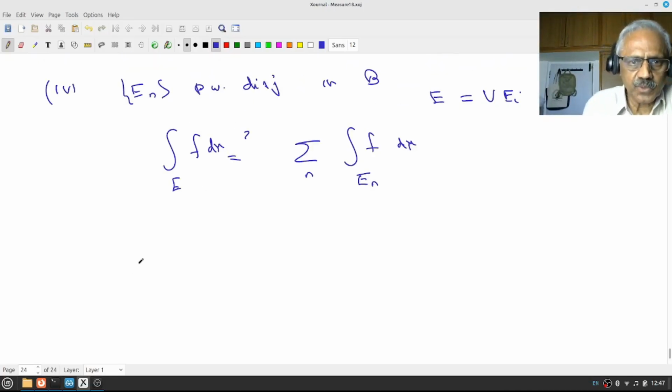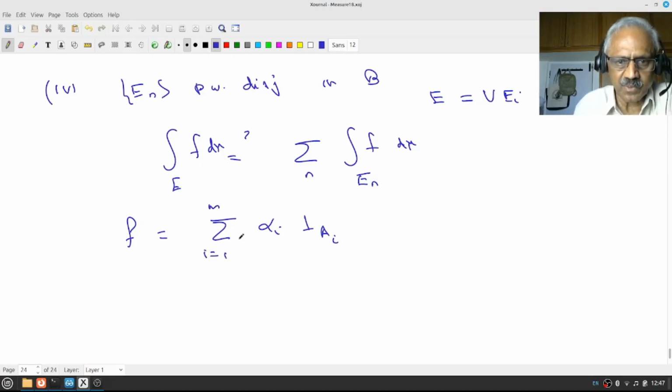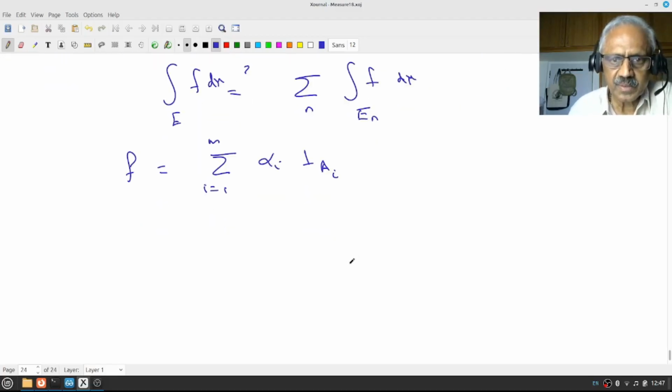So let us assume my f is summation alpha_i indicator of A_i, with i equal to 1 to m. Since I am using n as a running index, I don't want to use that. This is a standard representation.